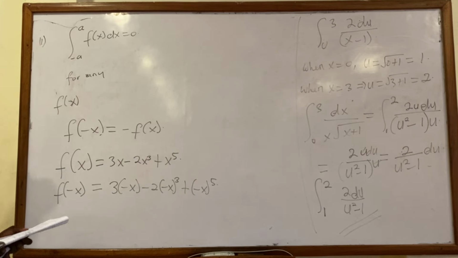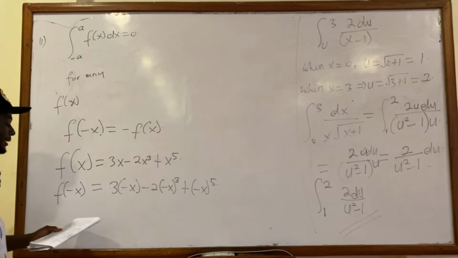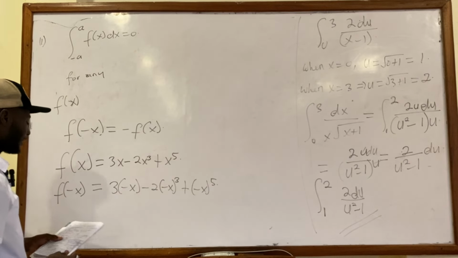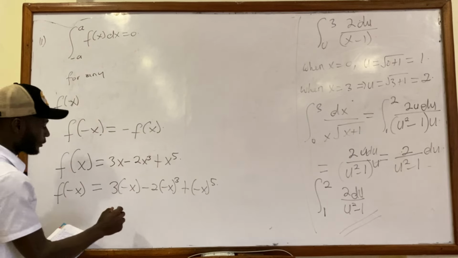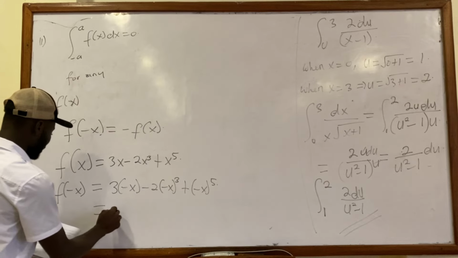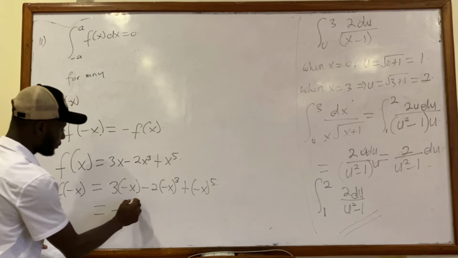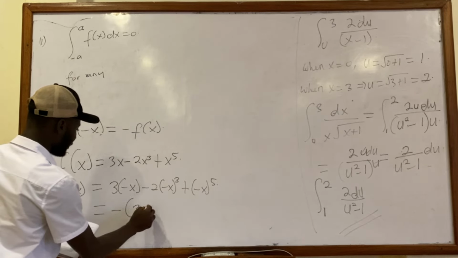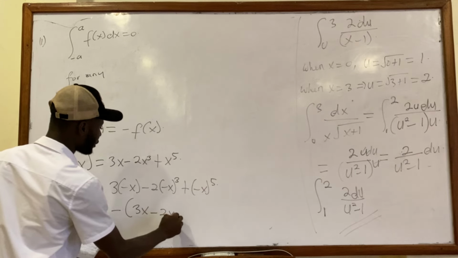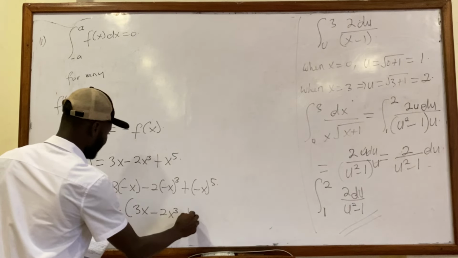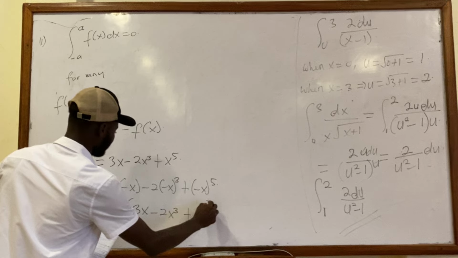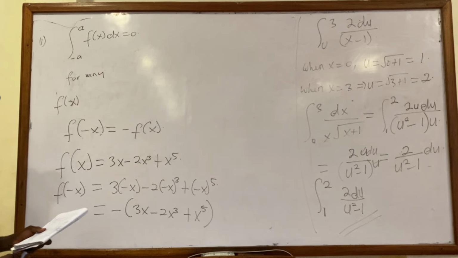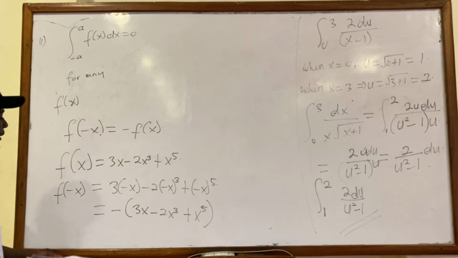So we can also say that it is equal to negative of 3x minus 2x cubed plus x power 5.